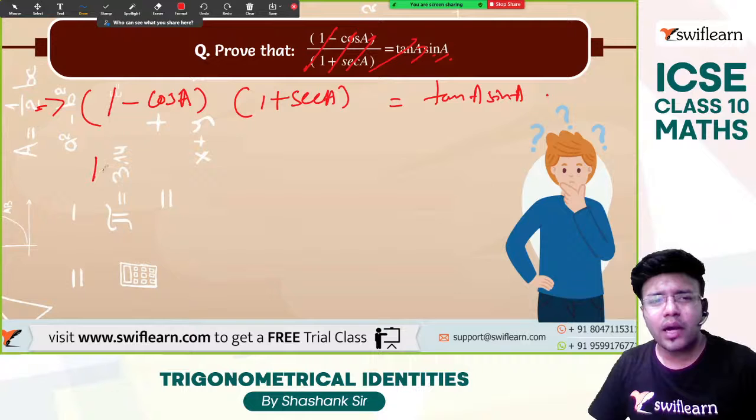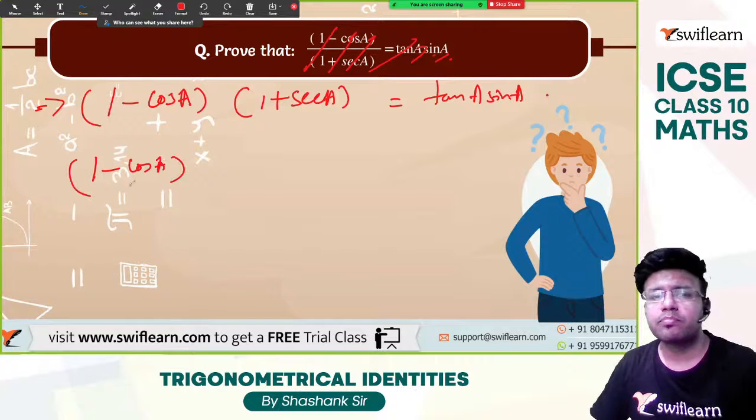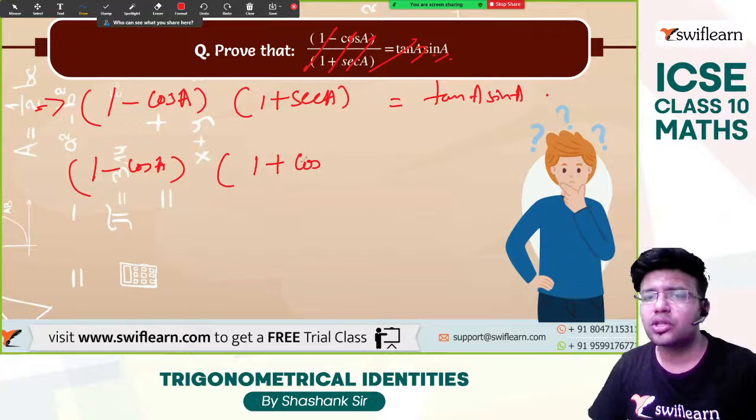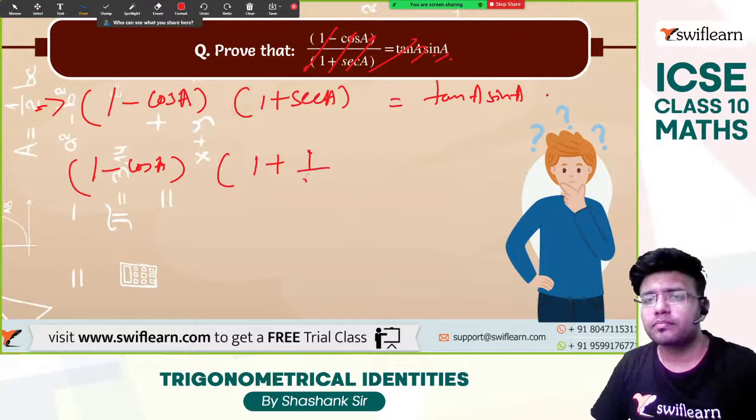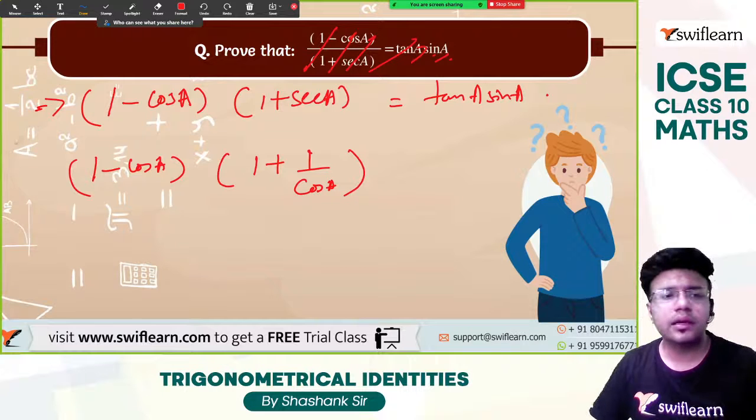Now 1 minus cos A, 1 plus sec A is what? 1 plus 1 by cos A, right? This is LHS.